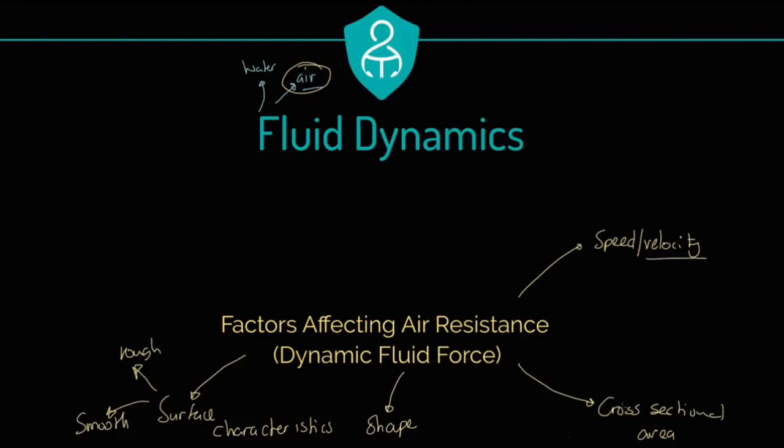It has a broad cross-sectional area. If you think about the base of the shuttle, where the feathers are at the widest part, it's got that broadening cone shape. And its surface is rough. So all of those things promote greater air resistance.